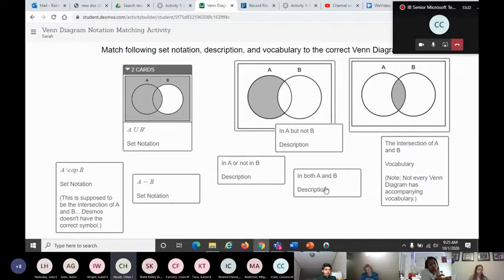In A but not B. So in A but not B. But what about this little intersection right here? Like that is B. So if it's in A but not B, wouldn't these elements contradict that? Anybody else?